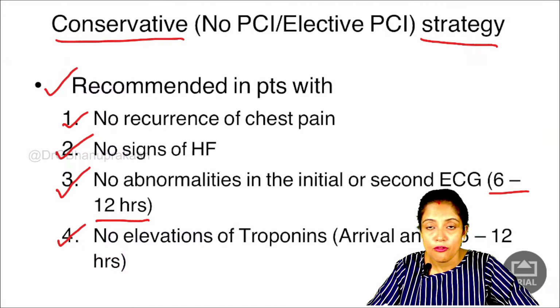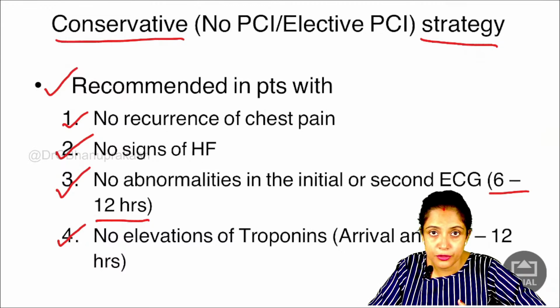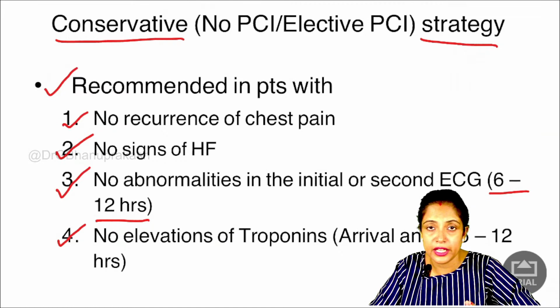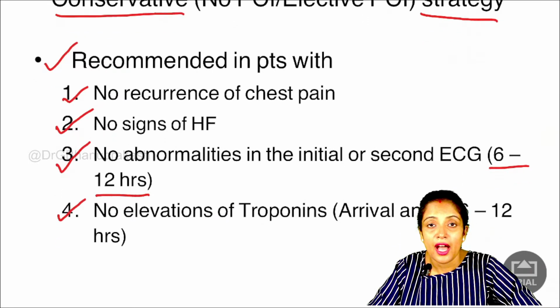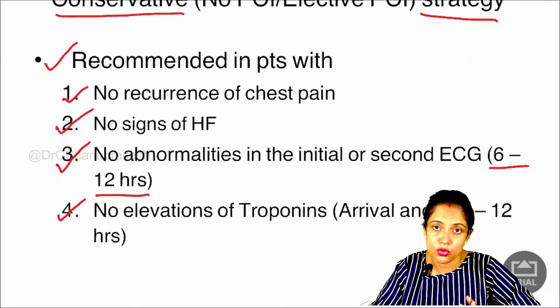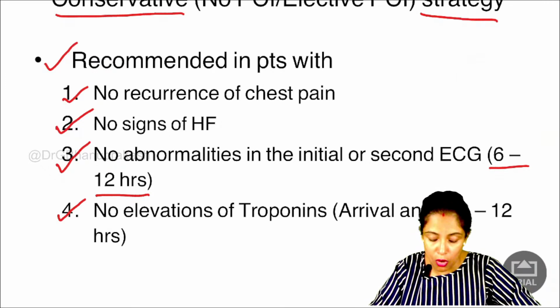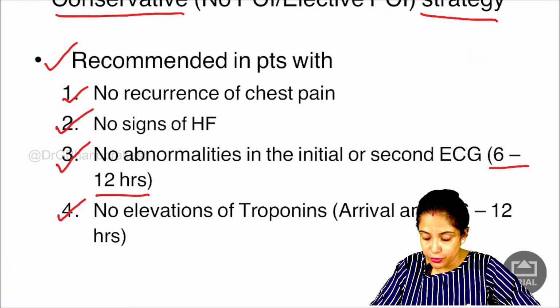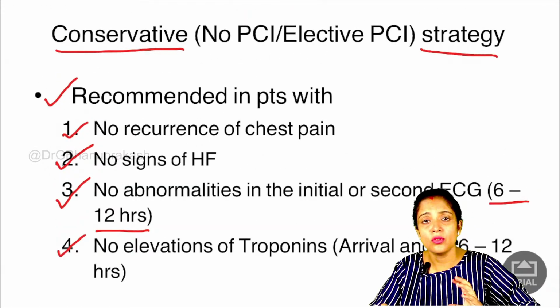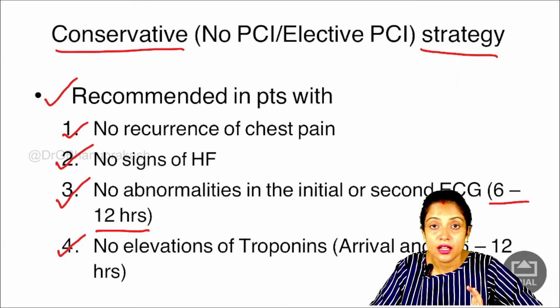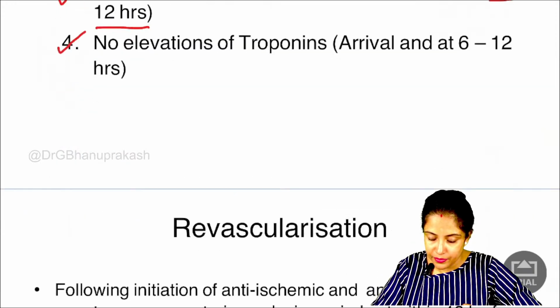Conservative strategy for NSTE-ACS is advised when there is no recurrence of chest pain, no sign of heart failure, no ischemic changes in the first ECG and in serial ECGs after 6 hours, and no elevation of troponin at arrival and on serial measurement at 6 to 12 hours. In these conditions we manage the patient conservatively and do not advise PCI.